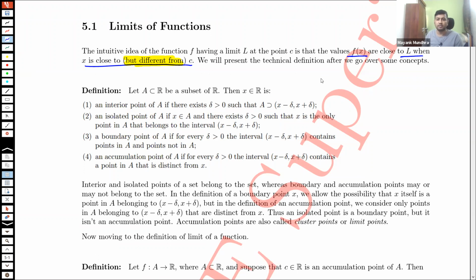Suppose I'm looking for the limit as x tends to 0 of x upon 2x. If I put exactly x equals 0, this thing becomes not defined.